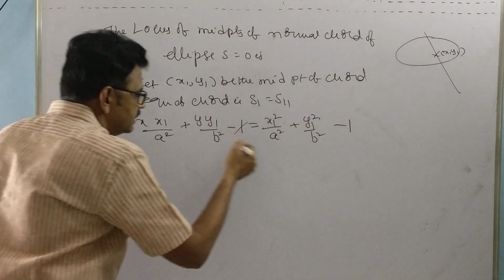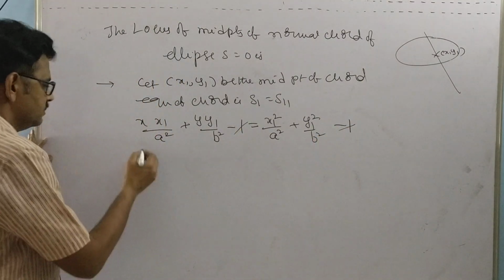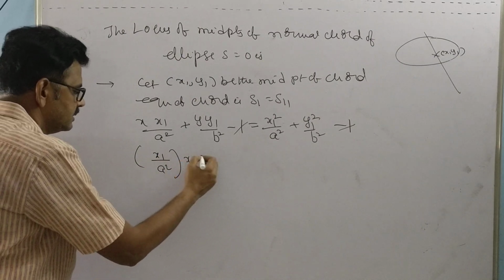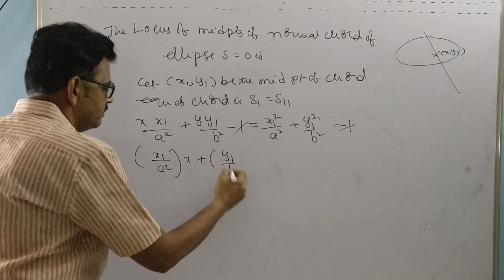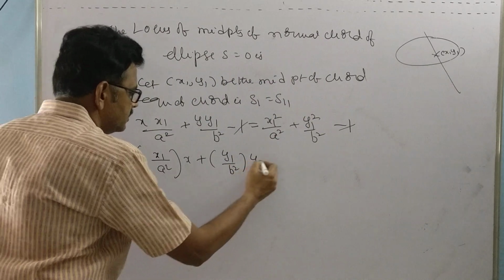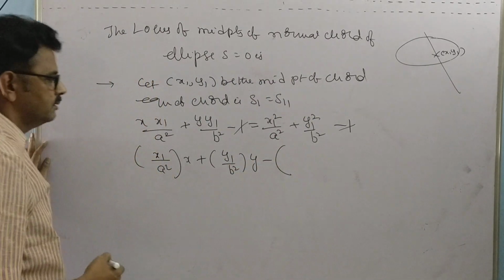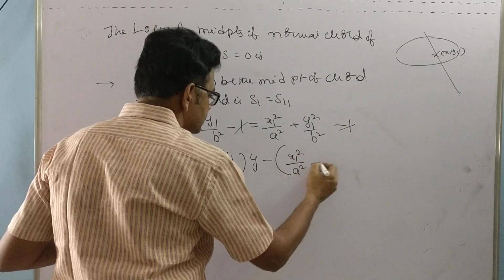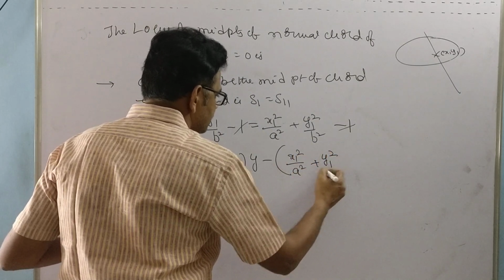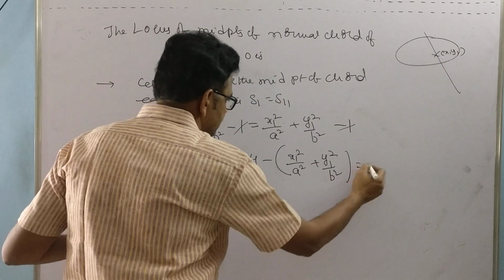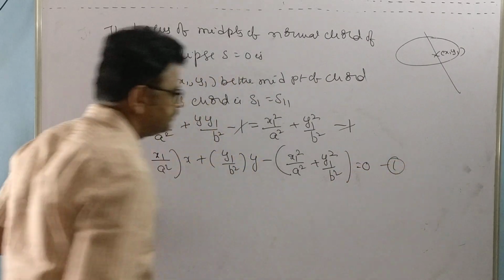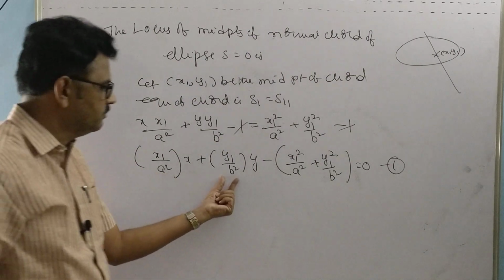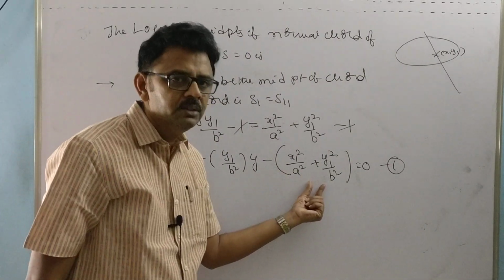So these get cancelled. So this is x1 by A square into x plus y1 by B square into y, taking this side, minus of x1 square by A square plus y1 square by B square is equal to 0.